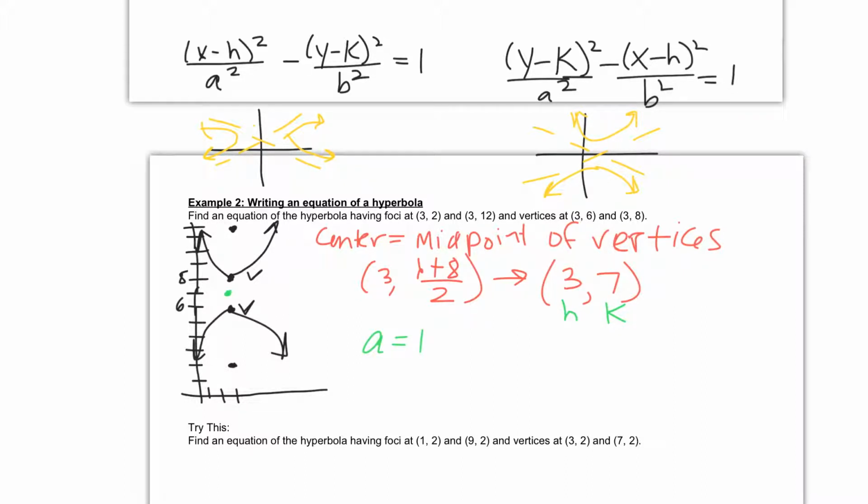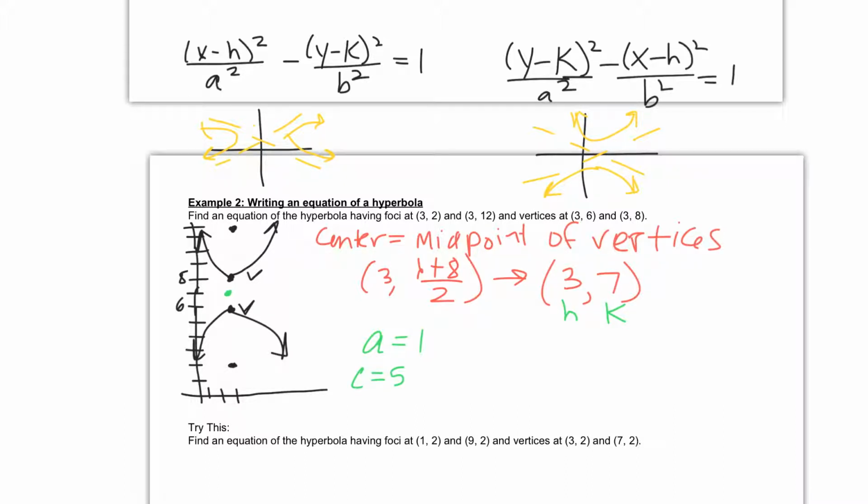The other thing that I can find with the graph is the distance from the center to my foci, and the distance from the center to the foci is my c value. So the distance from here to here, I can count. Remember, this is at 7, and I'm going to 12, which is a difference of 5. So I know that my c value is equal to 5.